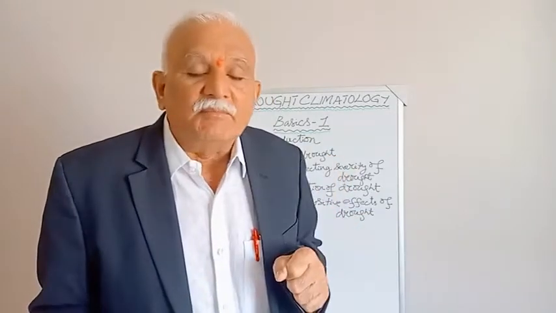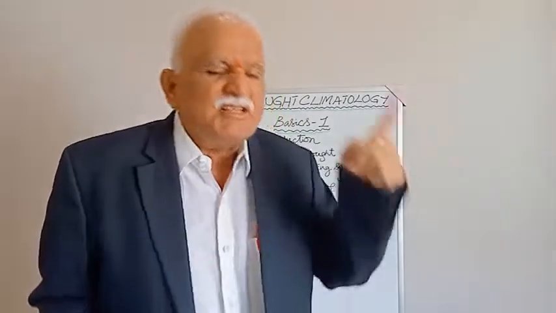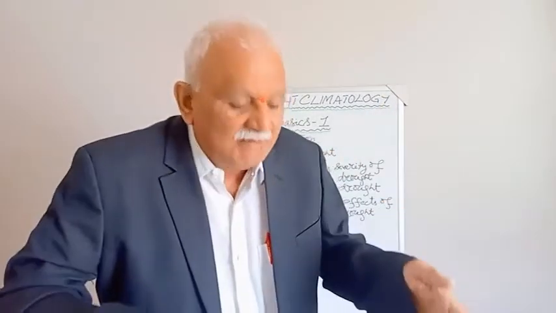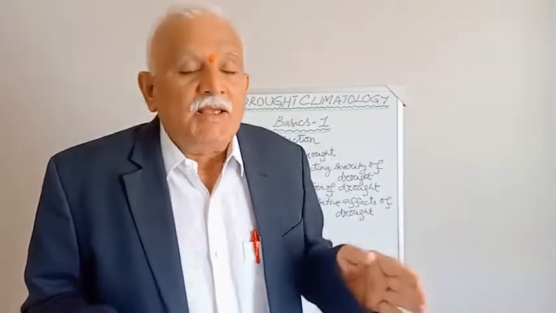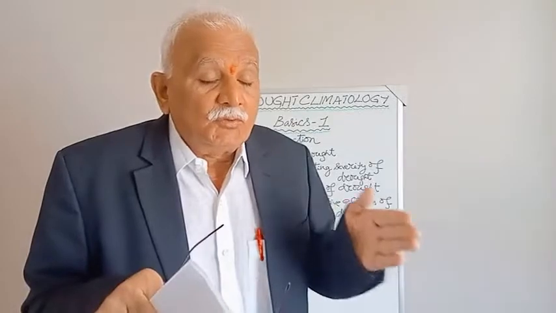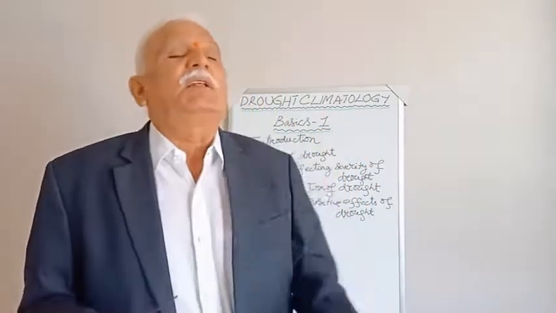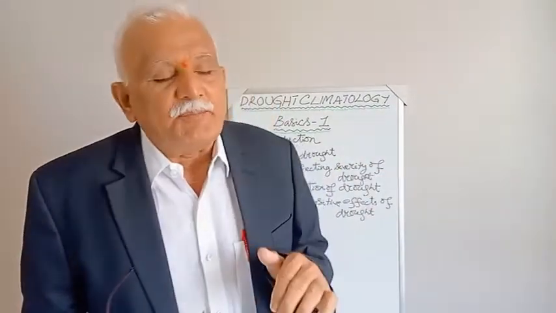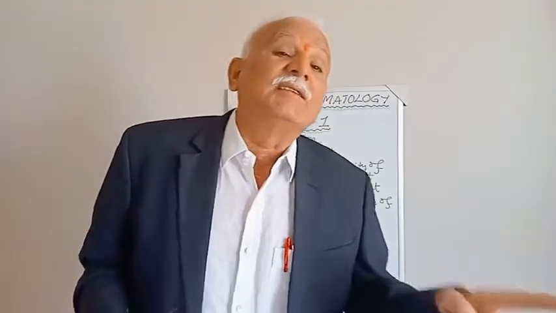That's what we call a meteorological drought. 1 to 25% deficiency of the climatologically expected rainfall of that particular station or small region. Station means meteorological station. 1 to 25% deficit precipitation of the climatologically expected, we call it a mild drought. 26 to 50% we call the moderate drought. More than 50% we call the severe drought.